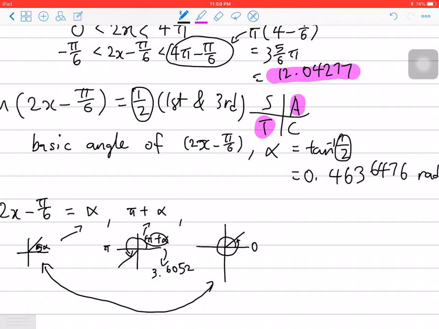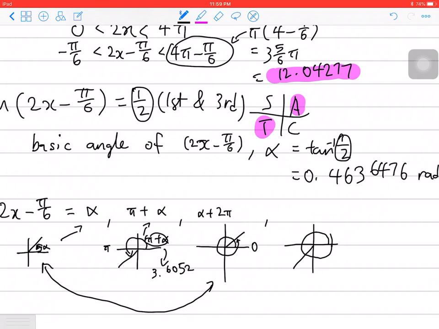So our second round first quadrant will be alpha plus 2 pi. That's for second round first quadrant. And for second round third quadrant, it will be here. So start from 0, we rotate anti-clockwise.